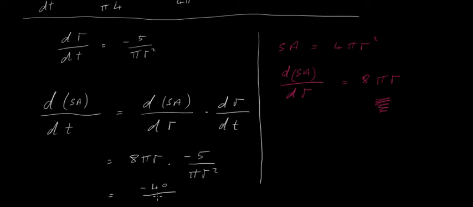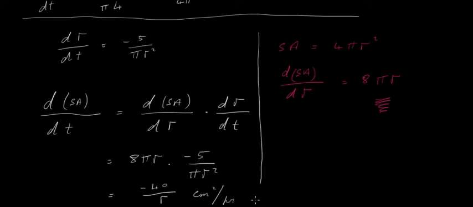The pi's will cancel. I'm left with r down on the bottom here, and that's it really. So that's the rate of change of the surface area with respect to time, in terms of the radius here. So that would be centimeters squared per hour.